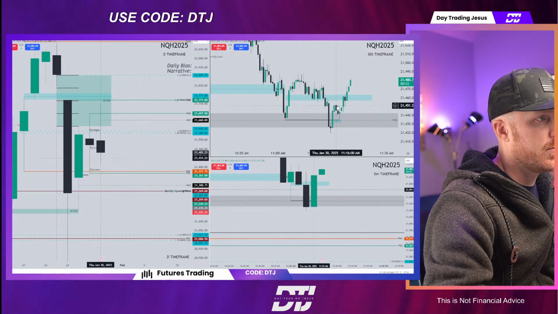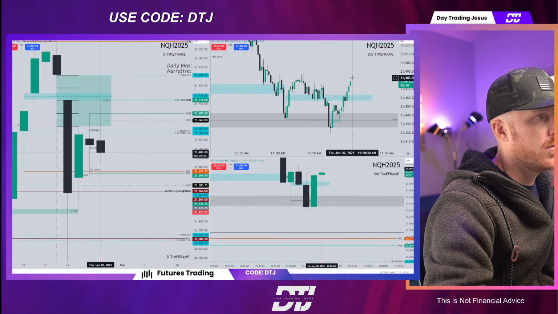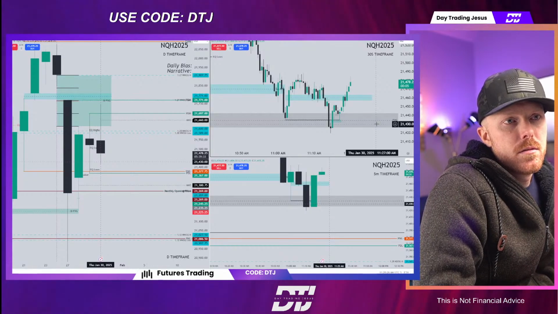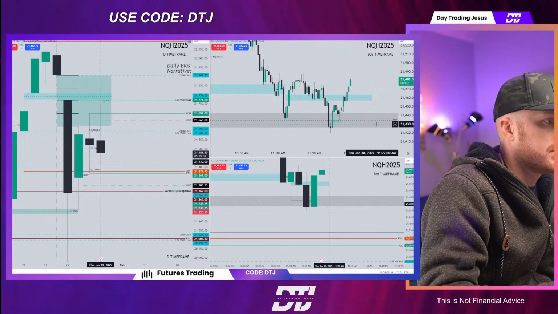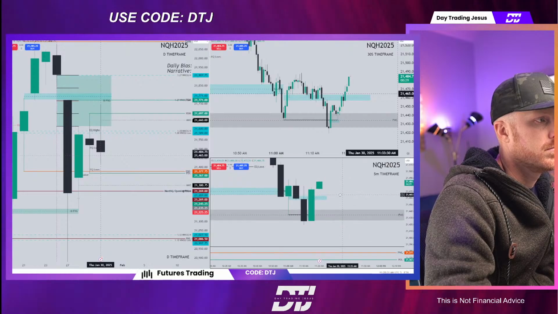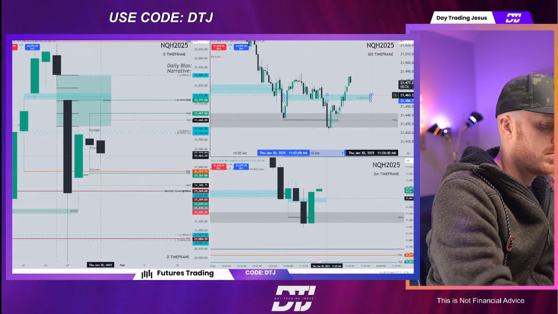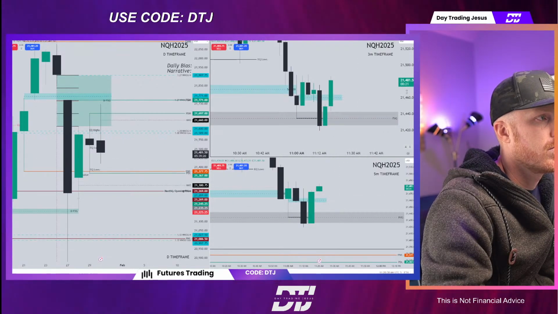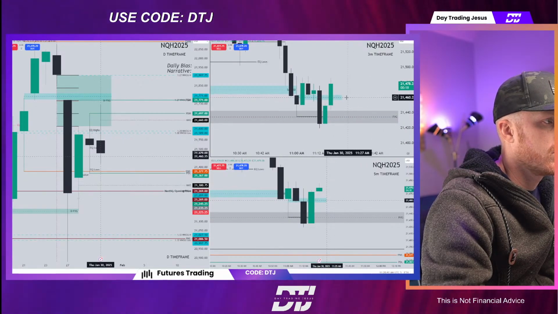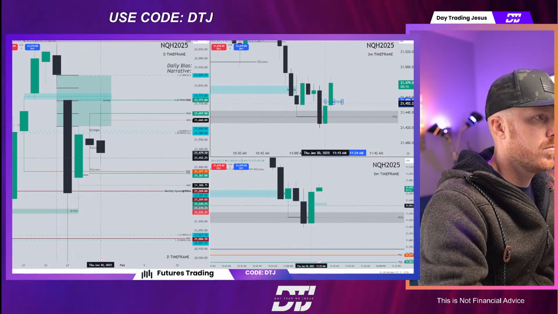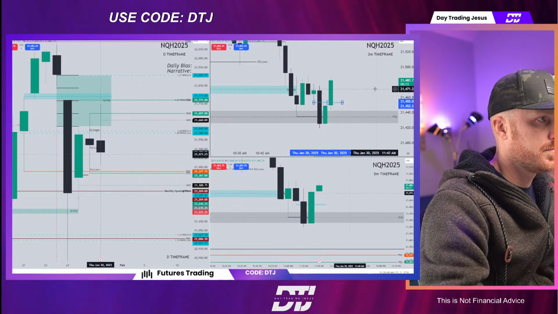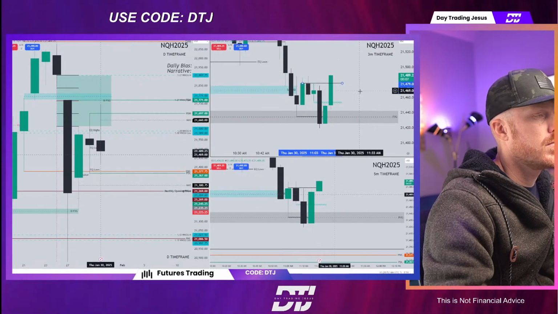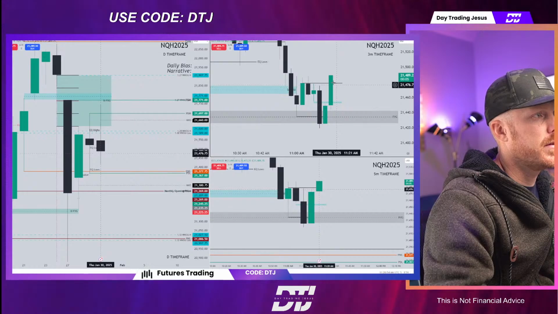We filled that and then we reversed, and now we are moving higher. I really would need to see displacement above this.